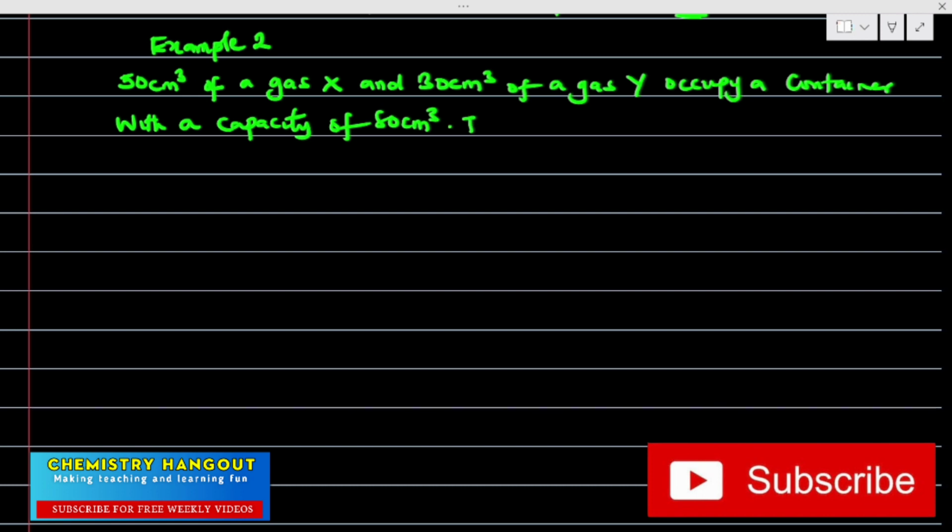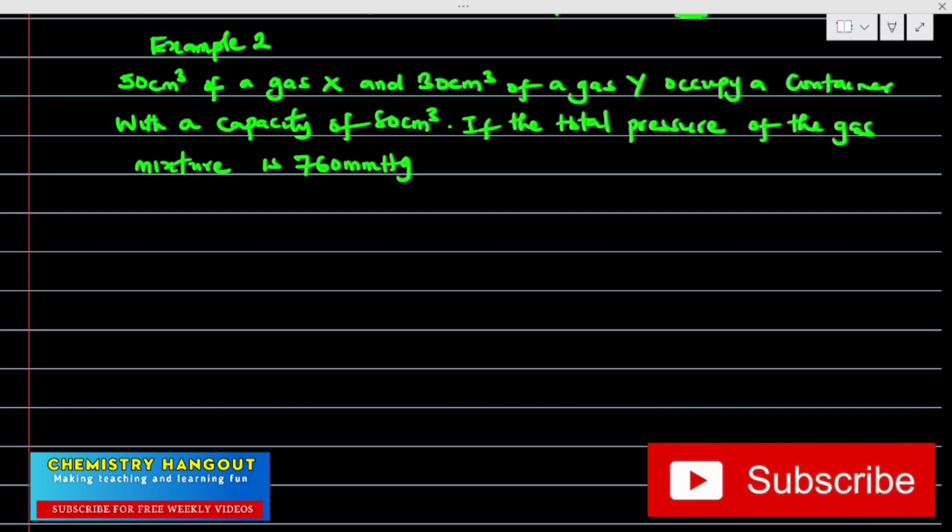If the total pressure of the gas mixture is 760 millimeter mercury, calculate the partial pressure of gas X and Y.